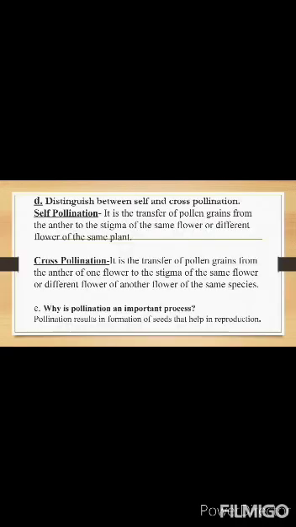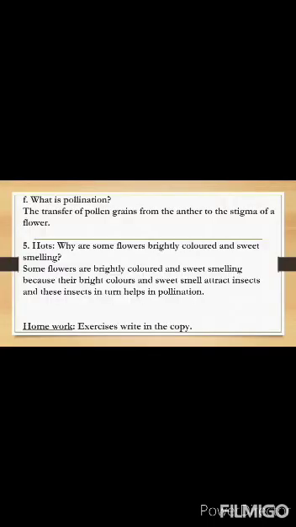Next one. Why is pollination an important process? Pollination results in formation of seeds that help in reproduction. Next one. What is pollination? The transfer of pollen grains from the anther to the stigma of a flower.